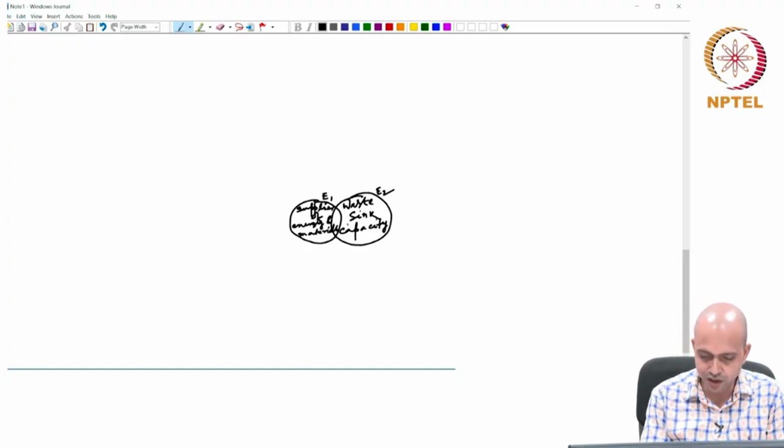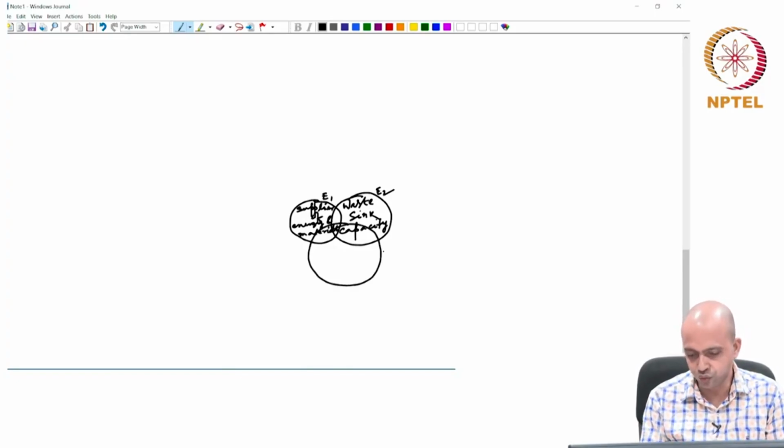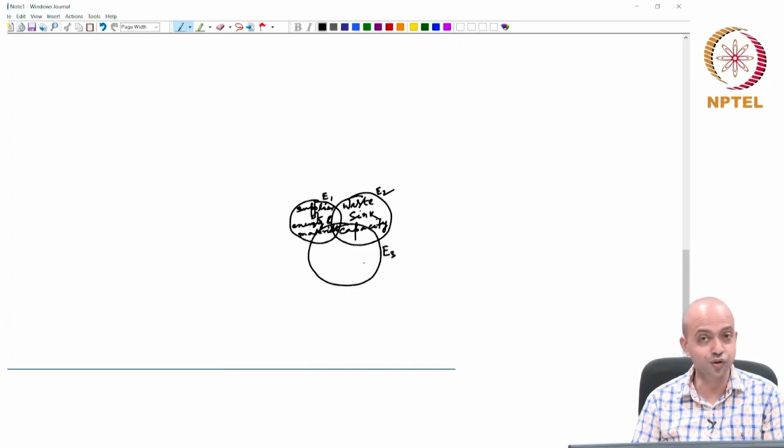And then thirdly, there is one more service that we derive from the environment. Can you think of it? When you go to the river, the mountain, or the sea, why do you go there? Why do you go to a forest?